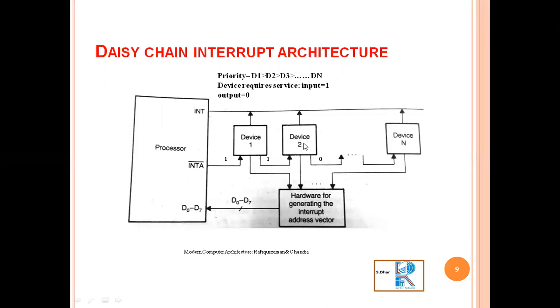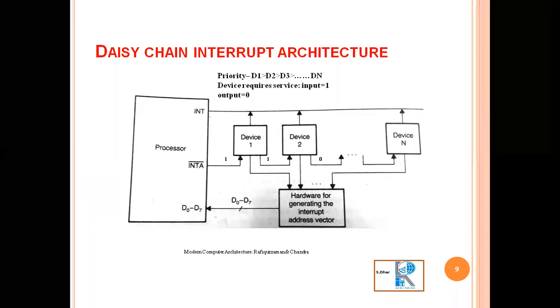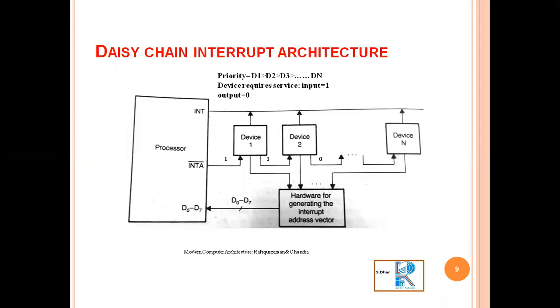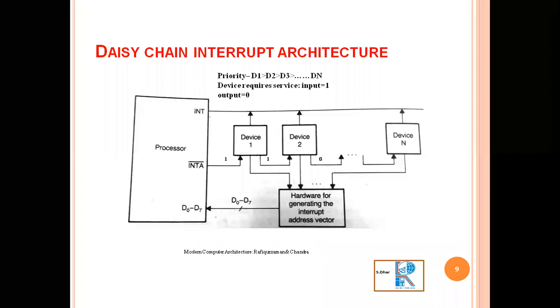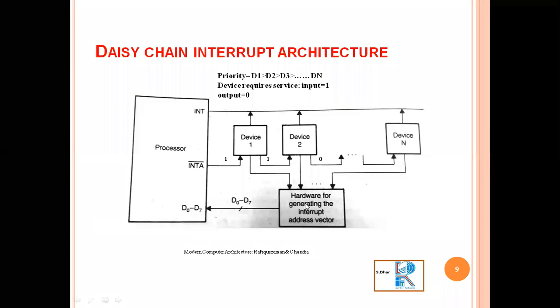Here, with the identification of the device, the processor will know the address of the particular interrupt service routine or interrupt handler, because here the address comes with the particular device. So this is called a vectored interrupt structure. The previous one was a non-vectored interrupt structure. As the address vector is generated, this is called vectored interrupt service. Okay, so this is the address.